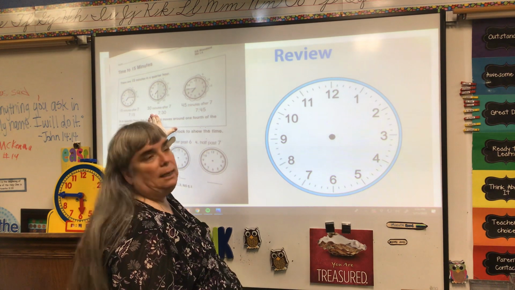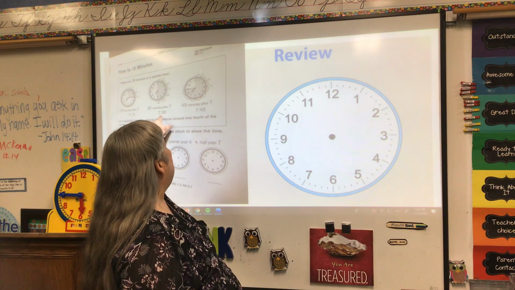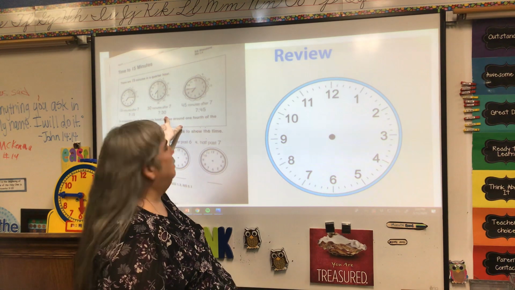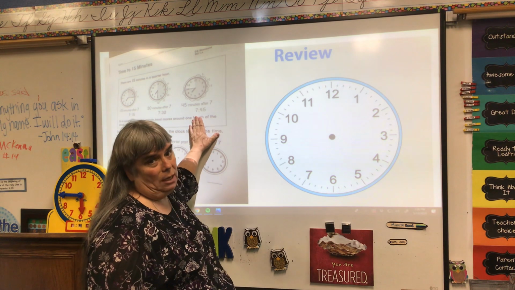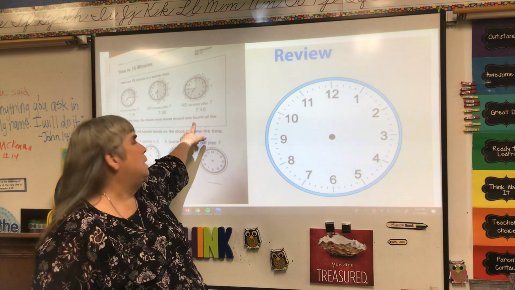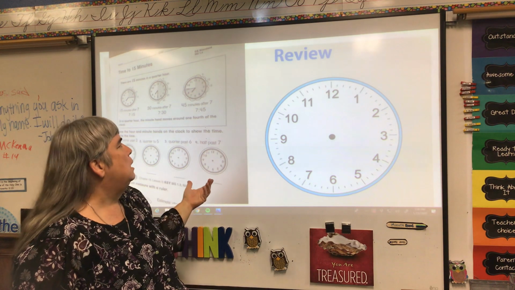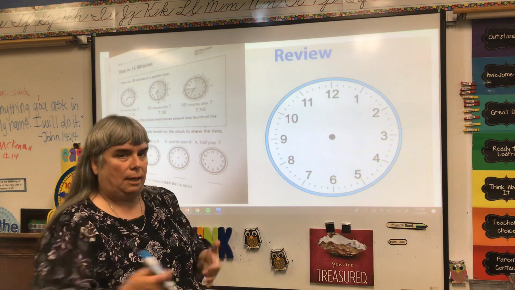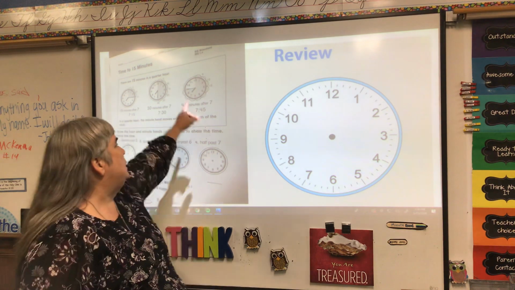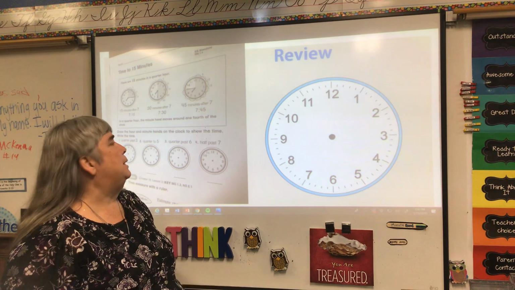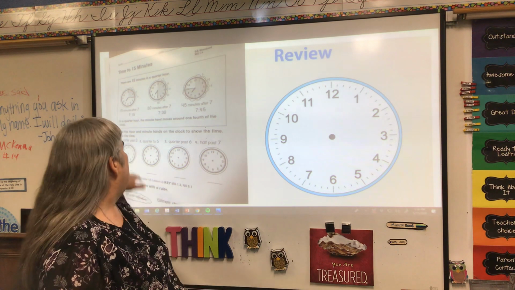If it says 30 minutes after 7, it means the hour is 7 and the minutes are 30. Right here, 45 minutes after 7 means the hour is 7 and the minutes are 45. So basically what they're saying is, just like we learned yesterday about elapsed time and you could count by hours and do those bumps, well, they did the same thing, only they counted by sets of 5 minutes. So you can do that as well.